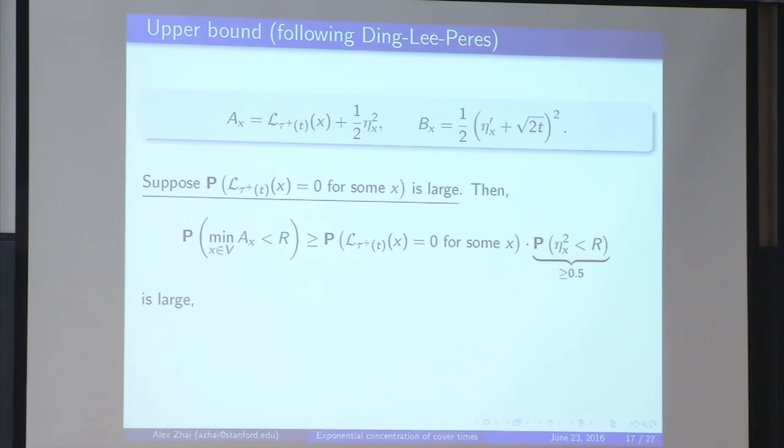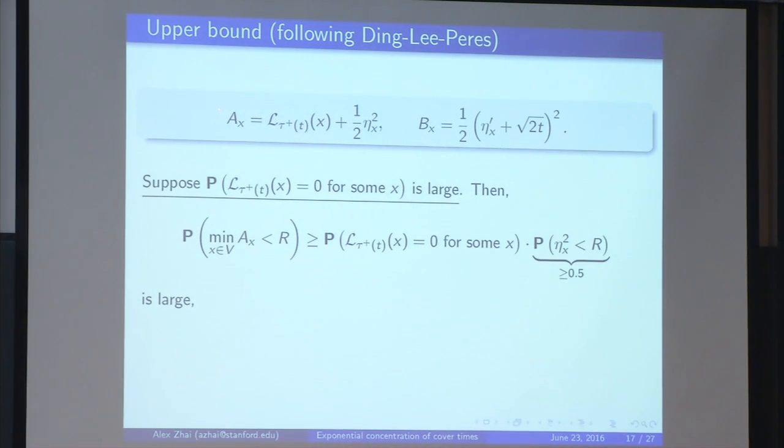So the sum of these two is not likely to exceed r. By not likely, I mean there's a decent probability, at least 0.1, that it doesn't exceed r.